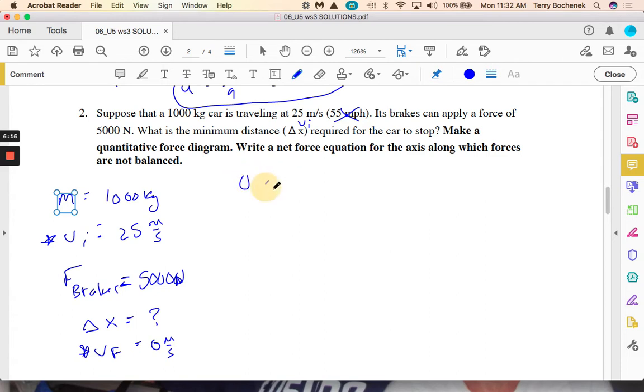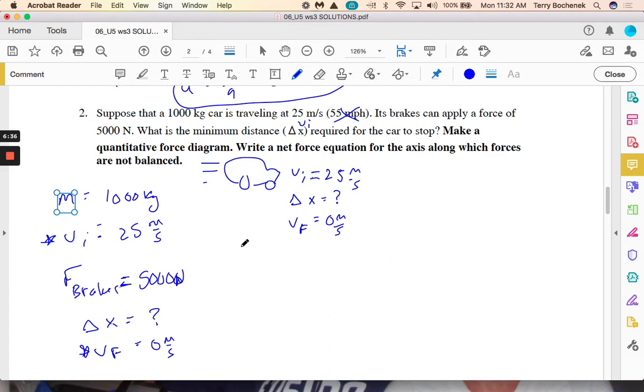So let's assume that our car is moving to the right. That's always my favorite direction for things to be moving, with an initial speed of 25 meters per second. And how far is our delta x if our V final is going to be 0 meters per second?